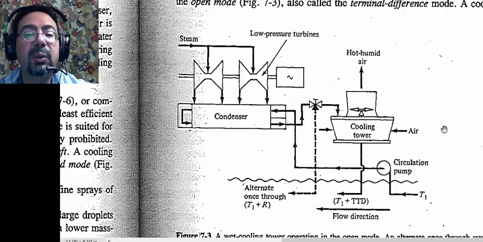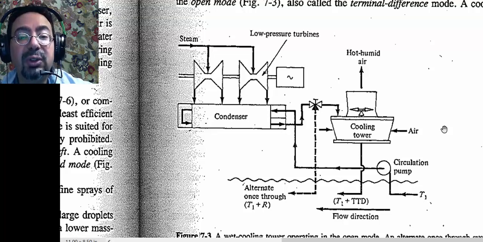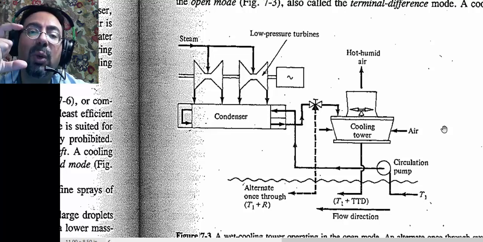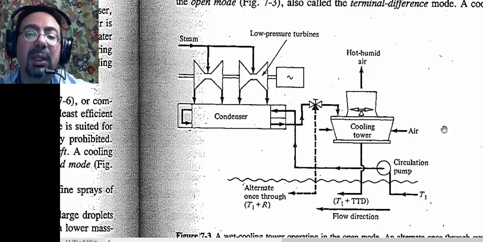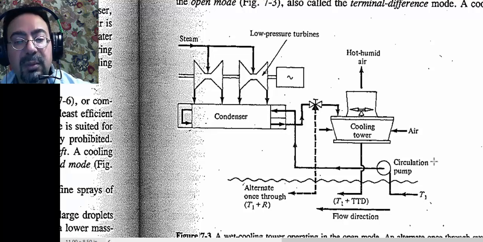That's nice, you don't lose any water. But what's bad is you will not be able to cool the water lower than the dry bulb temperature. Okay, so in order to cool the water to the wet bulb temperature, which is always lower than the dry bulb temperature, you have to spray it in the air, so the water would evaporate, and you'll be able to take it down to the wet bulb temperature.